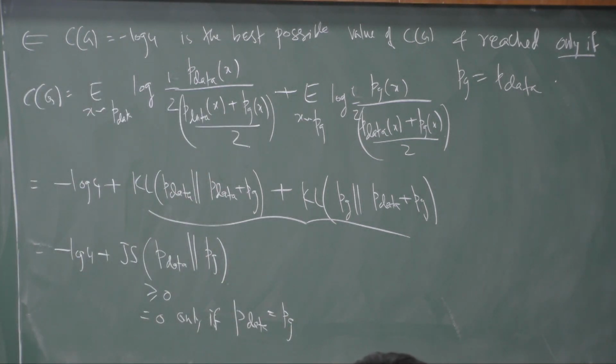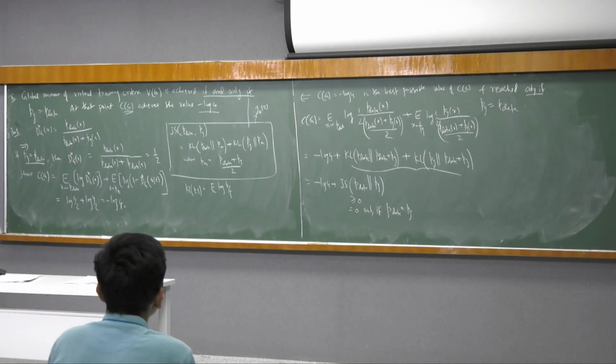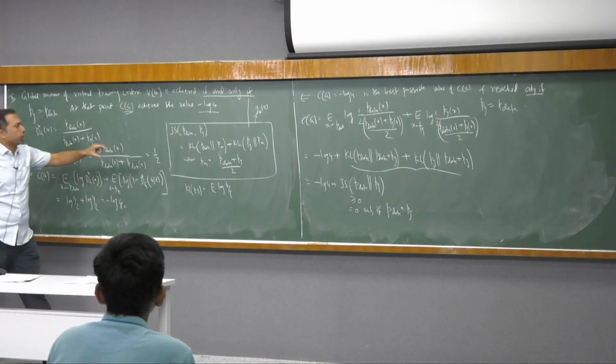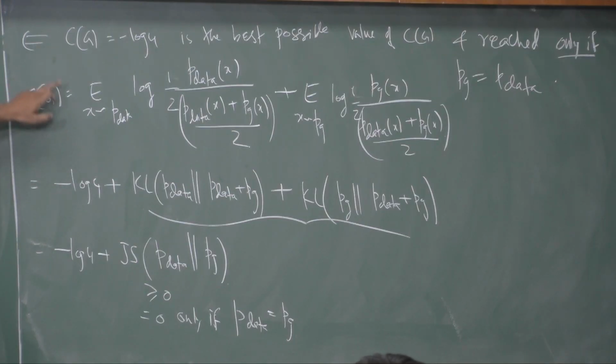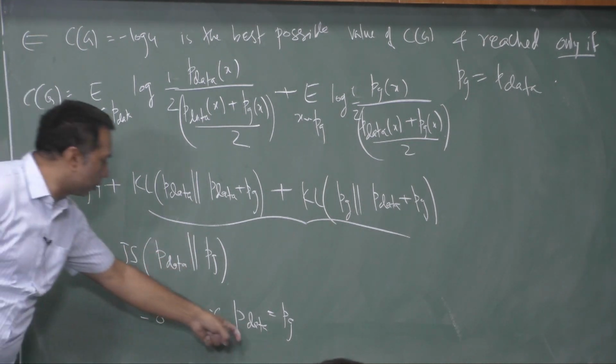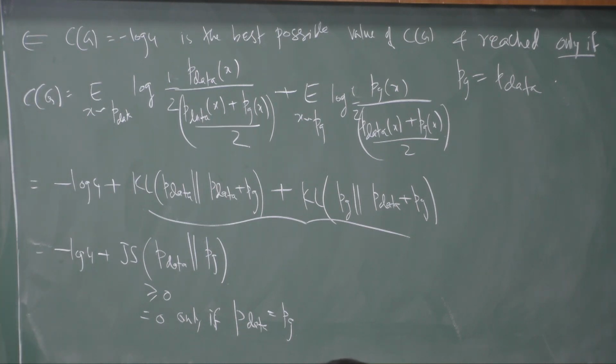So from there we know that the least possible value that CG can get is minus log 4, because otherwise JS is greater than or equal to 0. CG we minimize, right? So the lowest possible value for CG is minus log 4, and that happens when JS becomes 0, and JS becomes 0 when PG equals P data. This is exactly what we have to prove.